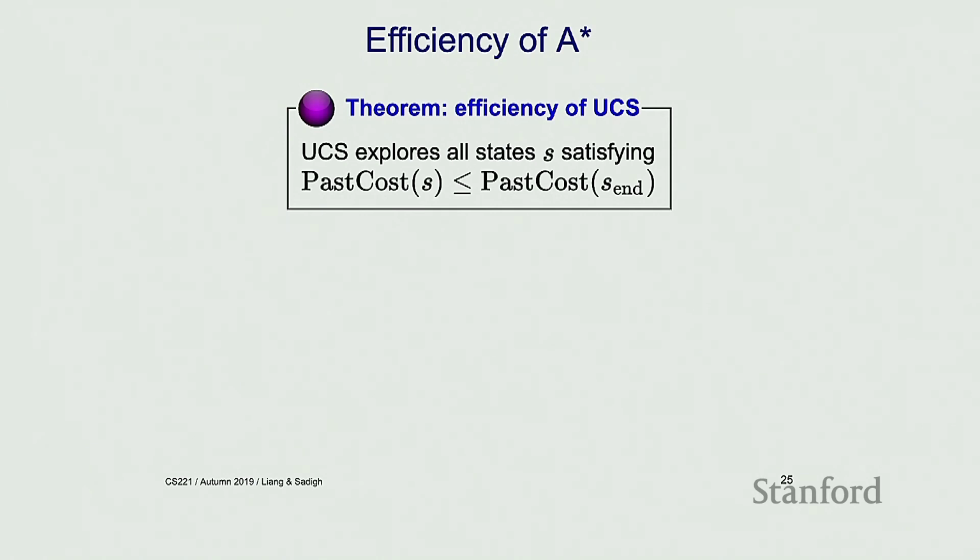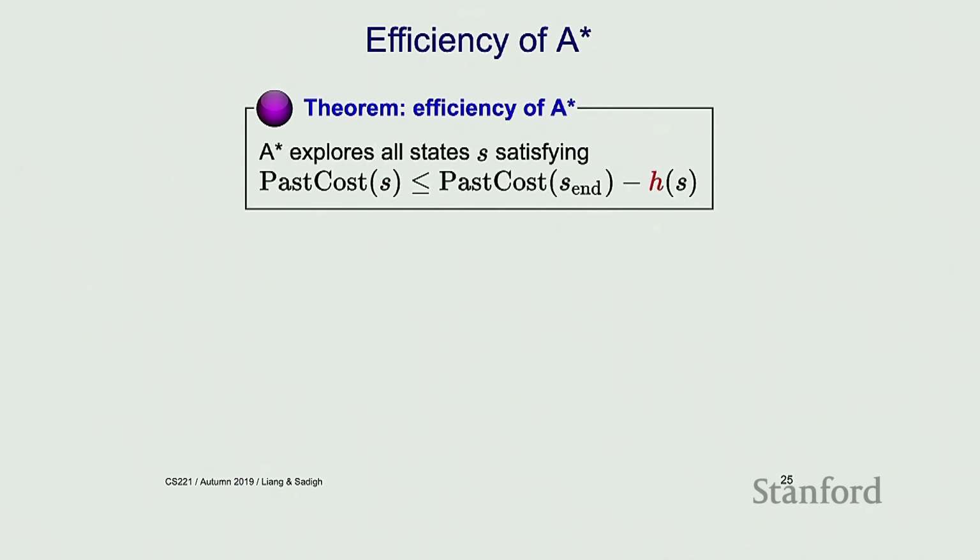Again, remember, in uniform cost search we explore in the order of past cost of states, and we explore all those states that have a past cost less than the end state. Okay? The thing that A star does is it explores fewer states. It explores states that have a past cost less than the past cost of the end state minus the heuristic.